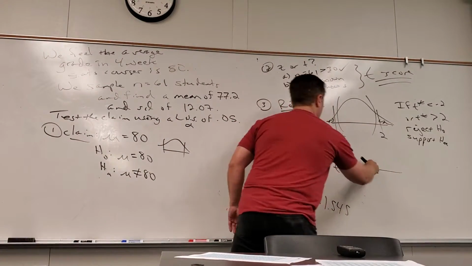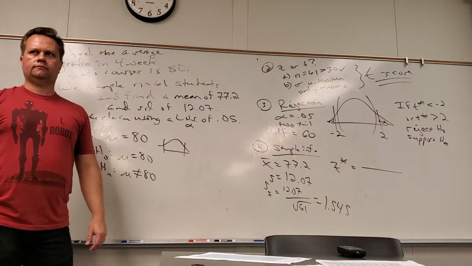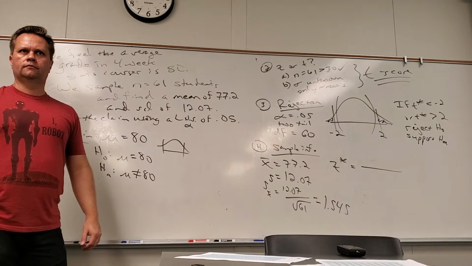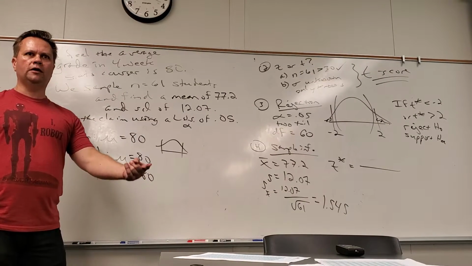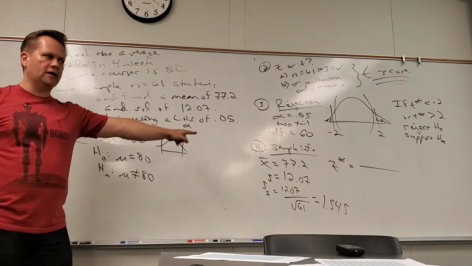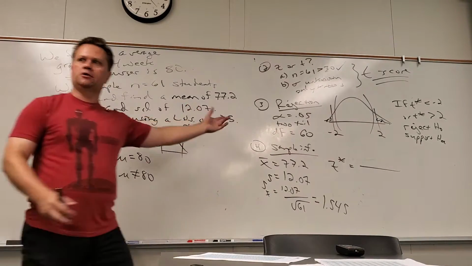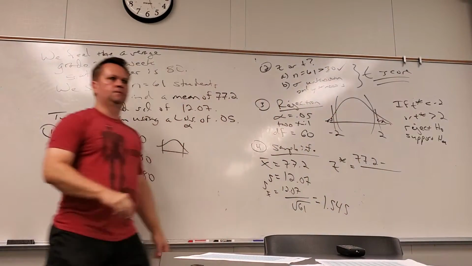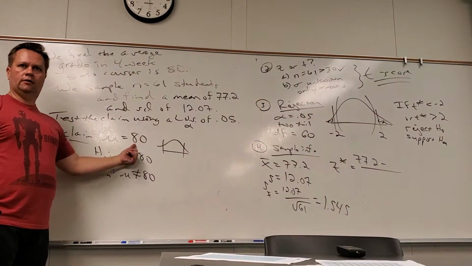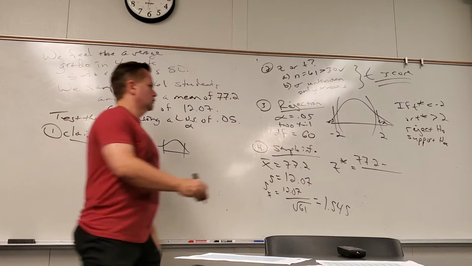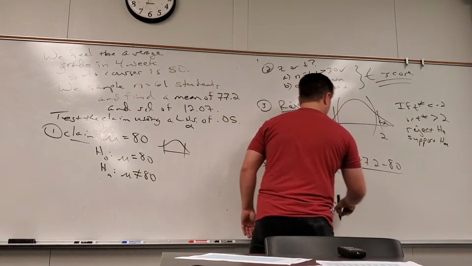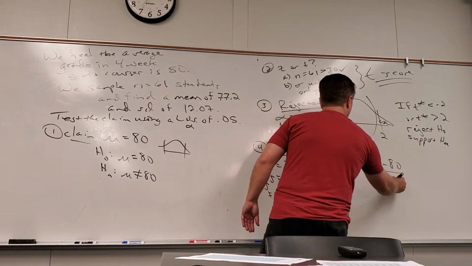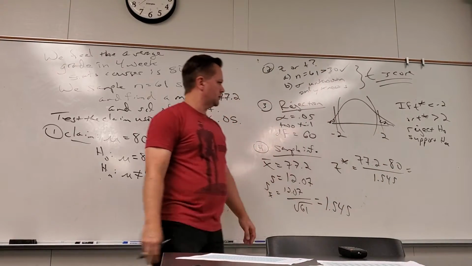So what goes first up here? The first thing is always my data. What's my data? 77.2. Minus what the middle is supposed to be. What am I assuming the middle would be? 80. Divided by that new spread. Curious, I just made all this up. How's it come out?